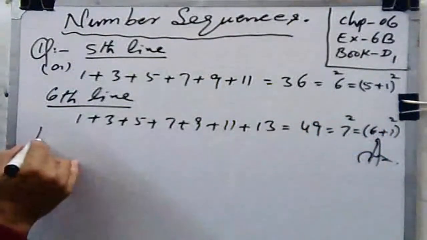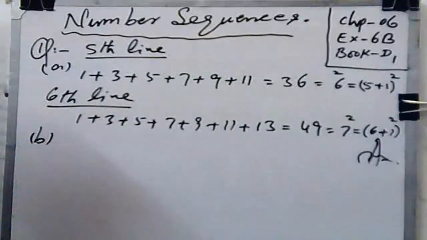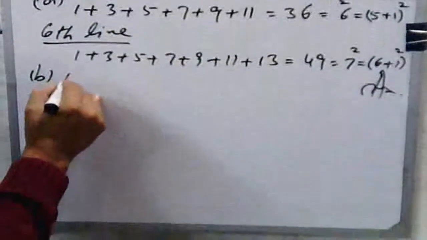Similarly, in B part, in the same question we have to write the 11th line or 11th term. In your textbook the question is to write down the 11th line in the pattern. So how can we write the 11th line?